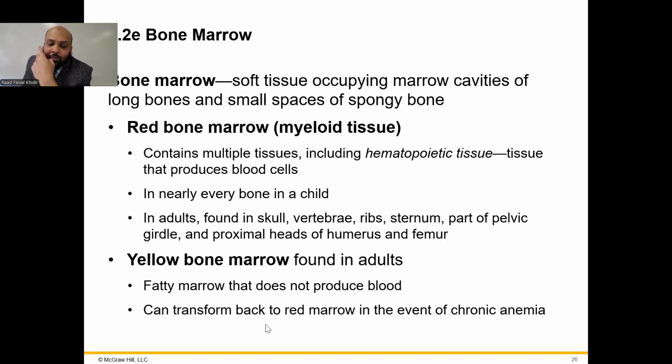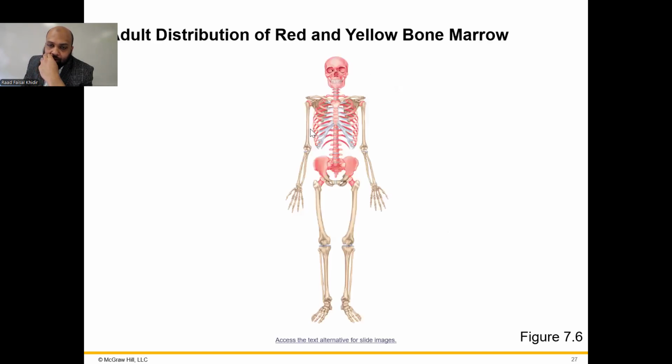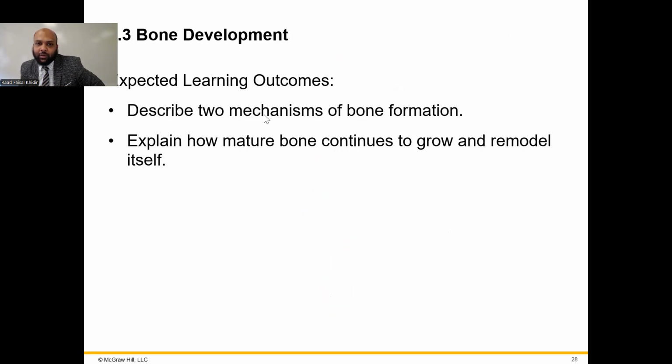The yellow bone marrow is found in adults. It is fatty marrow that does not produce blood, and it can transform back to red marrow in the event of chronic anemia. Here is the adult distribution of the red and yellow bone marrow. You see red bone marrow, it shows you where it is found, and this is yellow bone marrow.